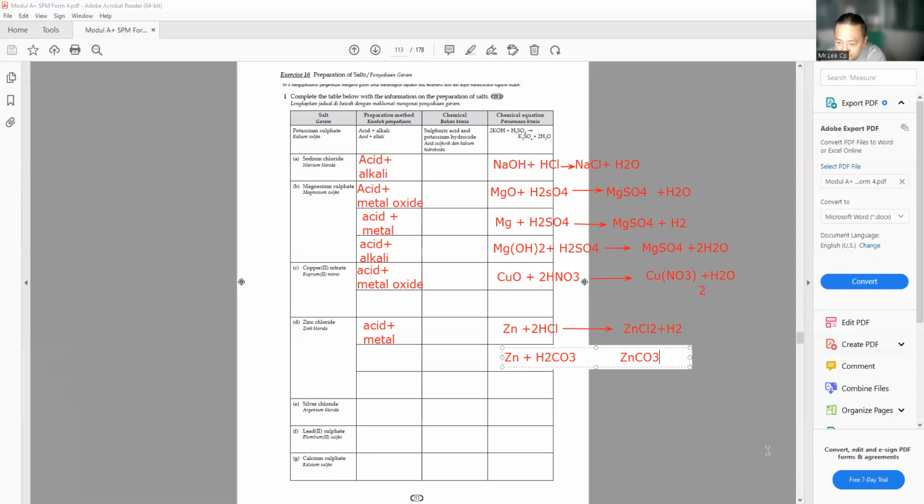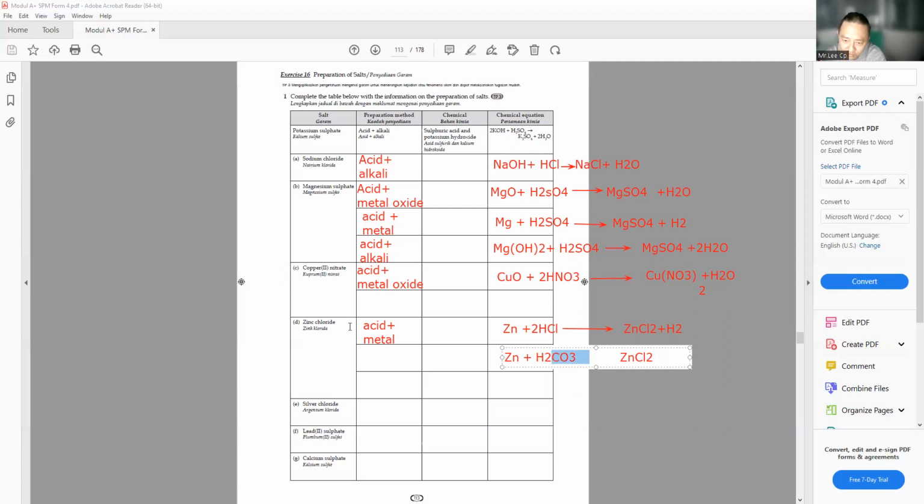I want to get zinc, not zinc carbonate, no, zinc chloride. I want to get zinc chloride, right? Cl2. The zinc chloride, huh? So this one has H2.